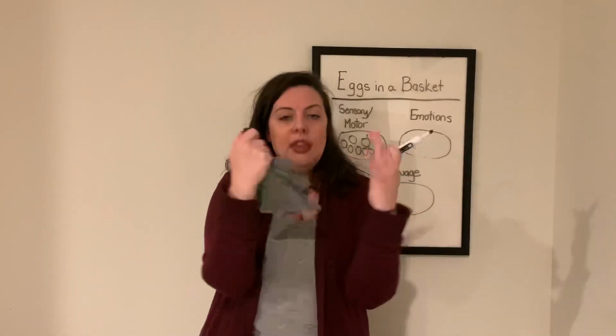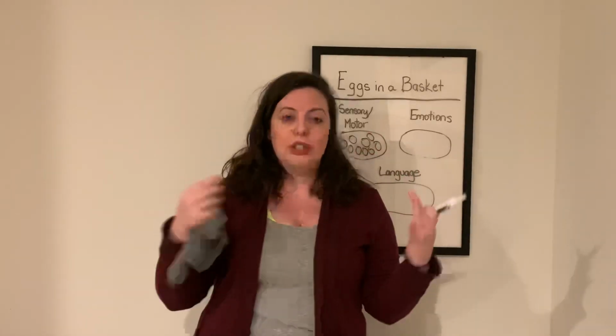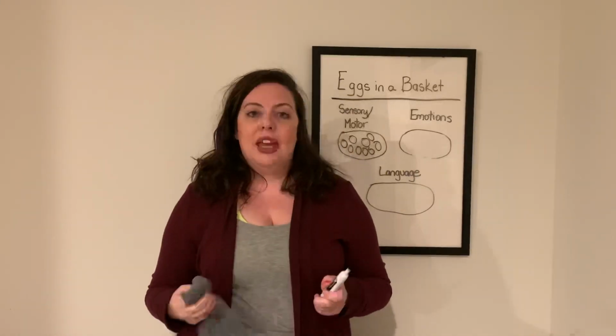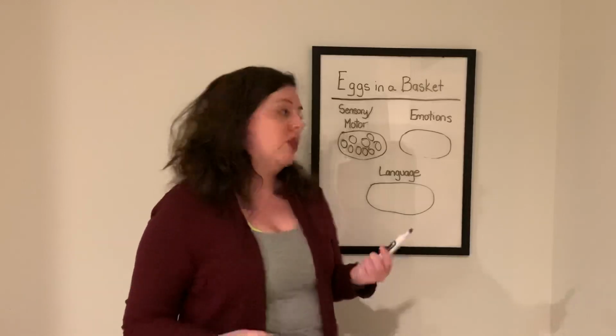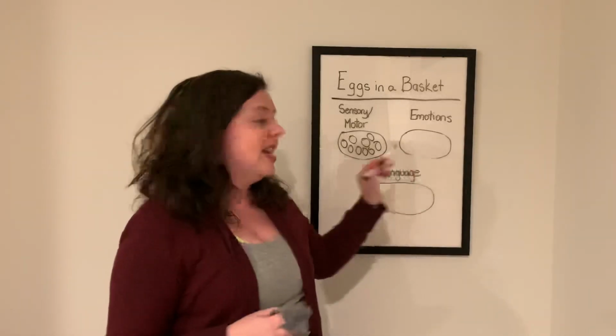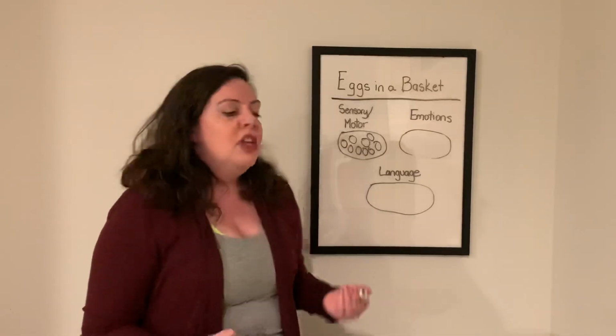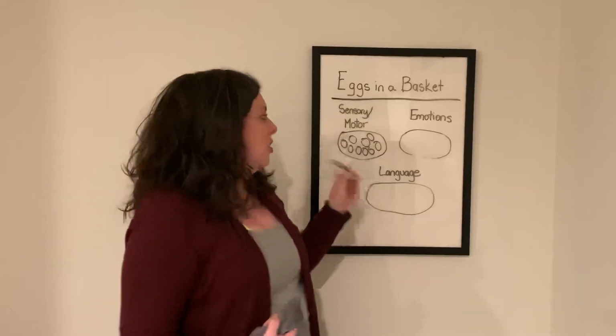You are the egg keeper. You are the egg protector. And you need to figure out how you can help them redistribute those eggs to the emotional basket and the language basket.